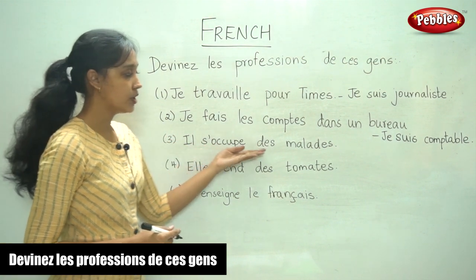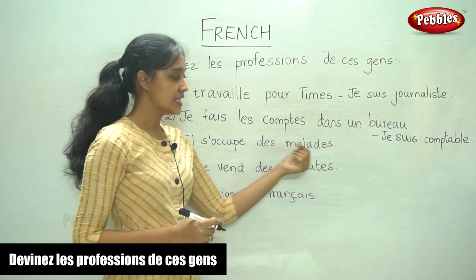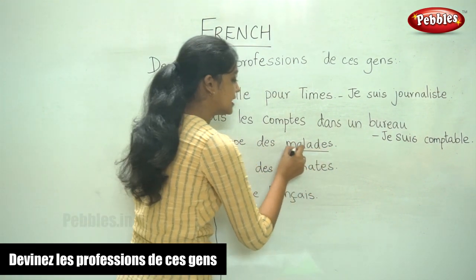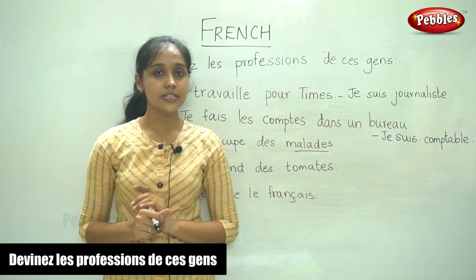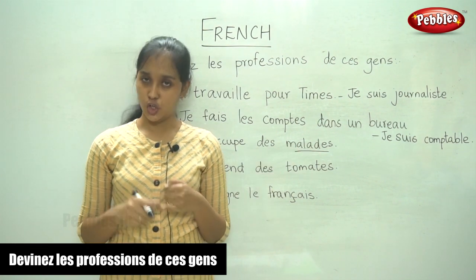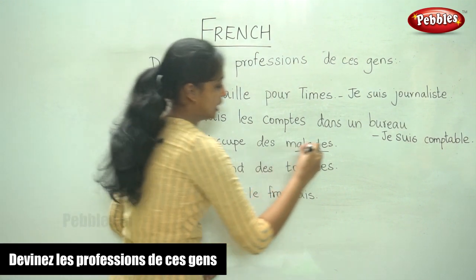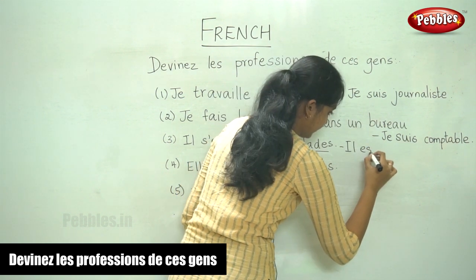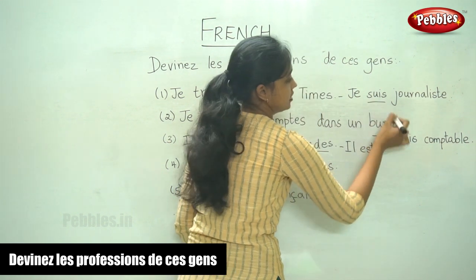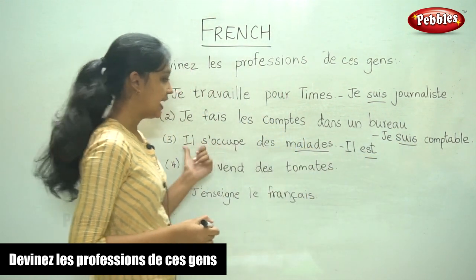Il s'occupe des malades. He takes care of the sick. The malade means the sick people. So who takes care of the sick people? He is either a doctor or a nurse. So il est. So if you notice, the conjugation changes. For il, it is a. Il est.